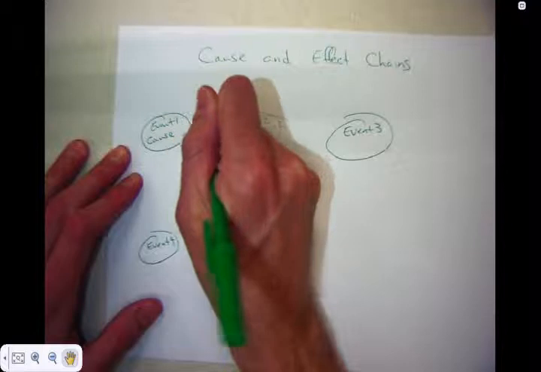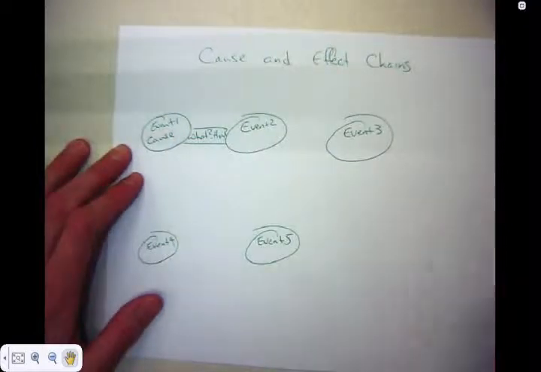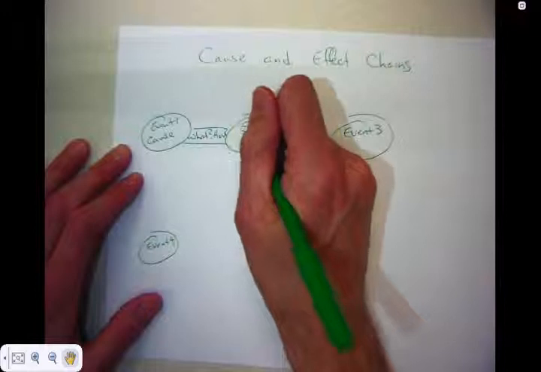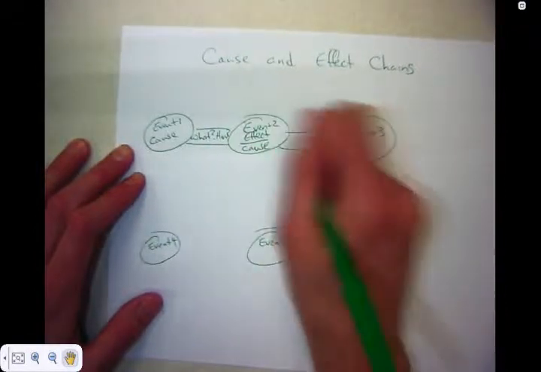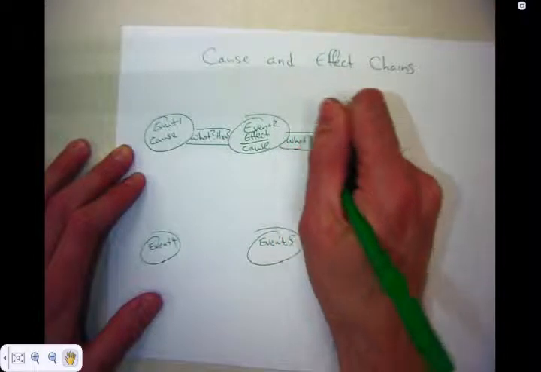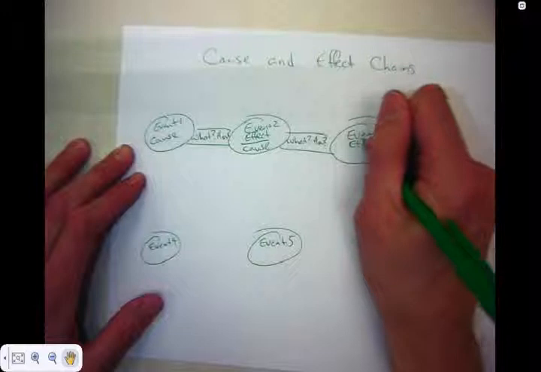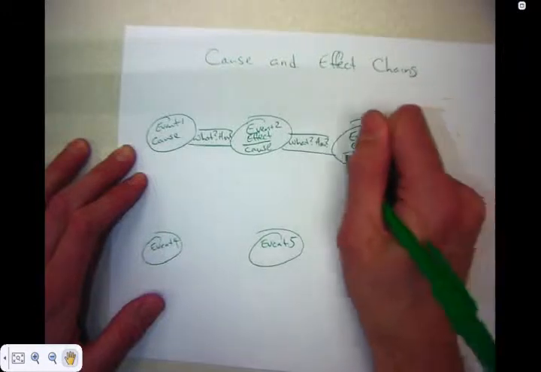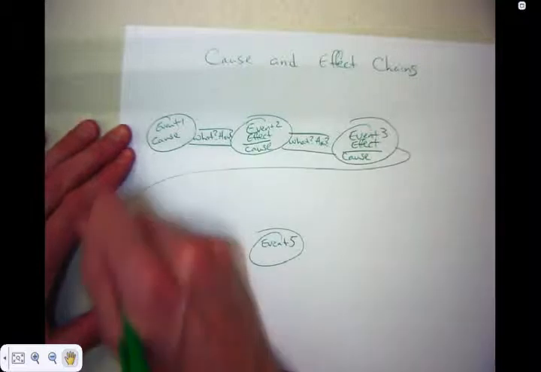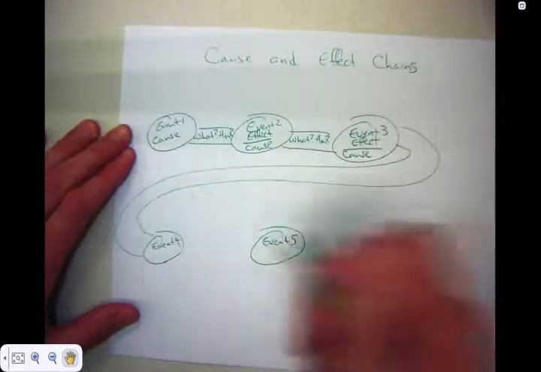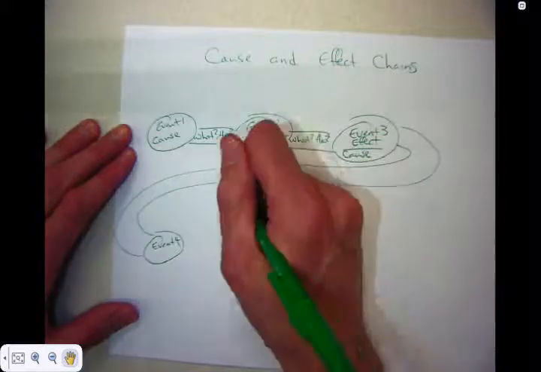So you're getting what or how. But then, this was an effect, but then I noticed that this causes this. Okay, so that's an effect. But then I also noticed that this causes something else. I mean, we see this all the time when we're reading narratives, right? We have something that causes something else, but then that something causes something else.